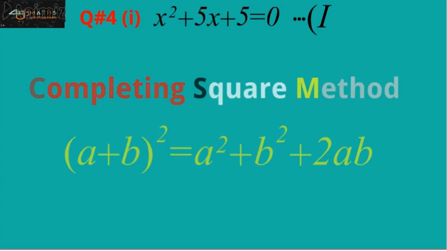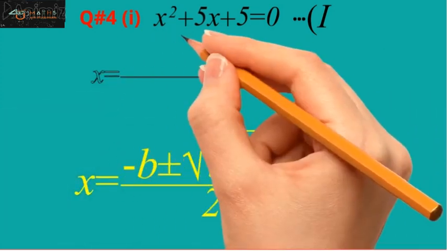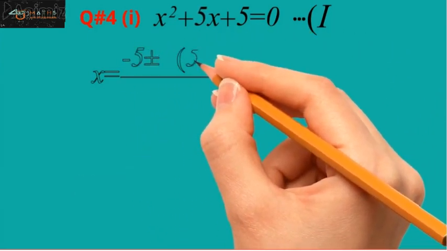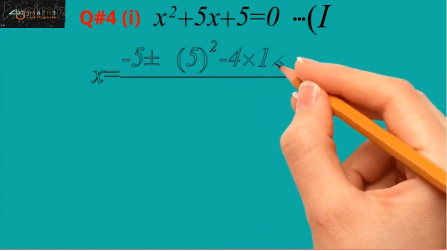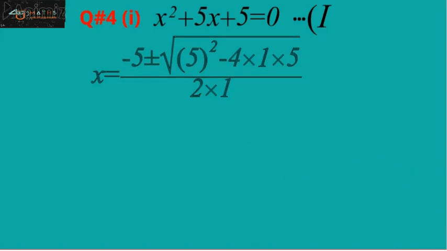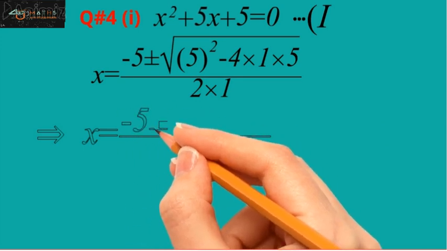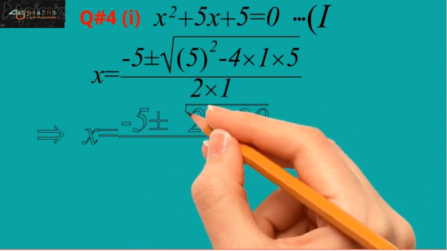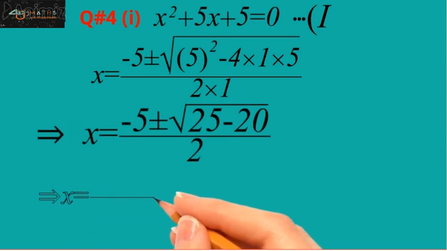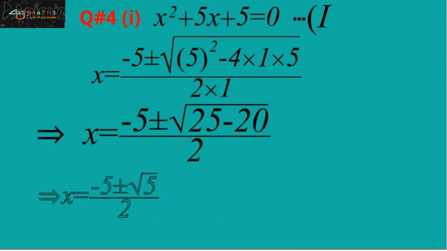So we are going to solve this with the help of the quadratic formula. x is equal to minus 5 plus minus under the radical sign 5 squared minus 4 times 1 times 5, whole divided by 2 times 1. Further solving gives minus 5 plus minus under the radical sign 25 minus 20, whole divided by 2. It gives minus 5 plus minus under the radical sign 5, whole divided by 2.